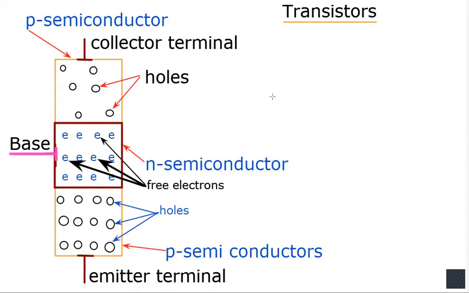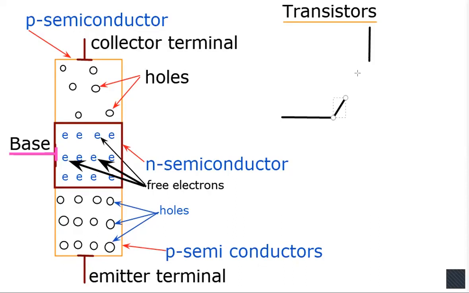That's the point, right? So if you consider the base terminal and the collector terminal, there is a diode between them.